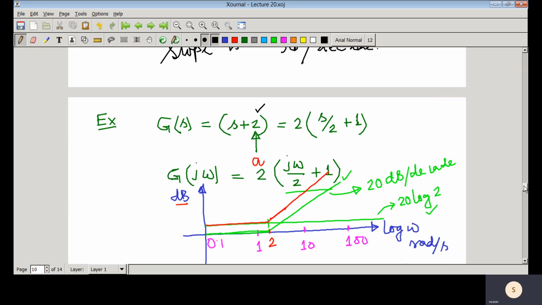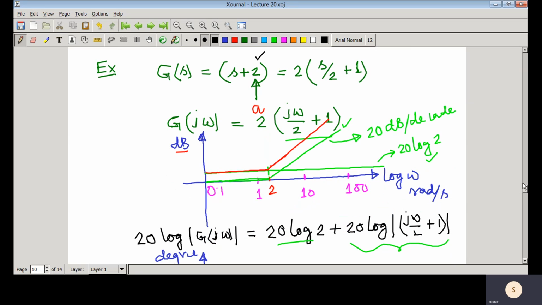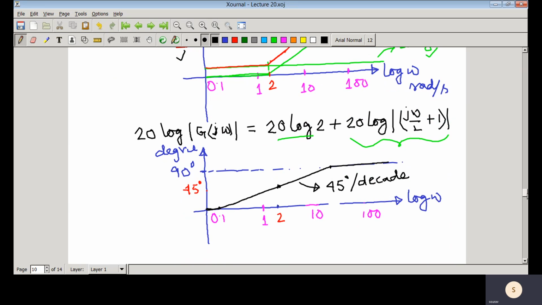This is the gain plot in dB, and 2 is the corner frequency. In the phase plot at omega equal to 2, that corner frequency, the angle equals 45 degree, and whenever omega is high, this angle is 90 degree, as we have shown here, and this slope is 45 degree per decade.